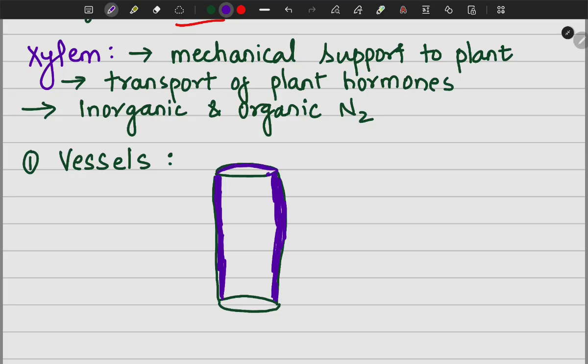And since these cells are dead, there will be no chloroplast in them. A large central cavity will be present. So this is the large central cavity.